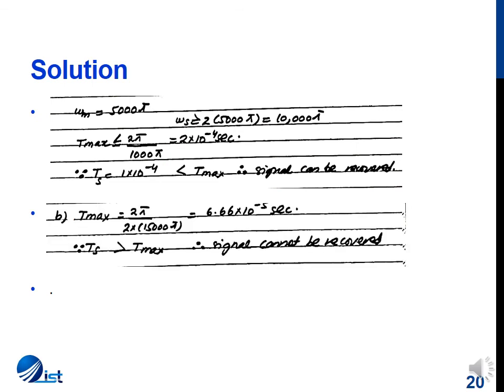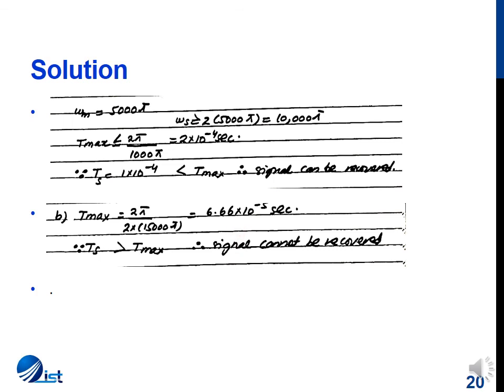For the second part, we'll proceed in a similar way, and for this case, our maximum sampling time is 6.66 into 10 to the power minus 5 second. Now this sampling time is not less than the given sampling time. In fact, the given sampling time is greater than this time.